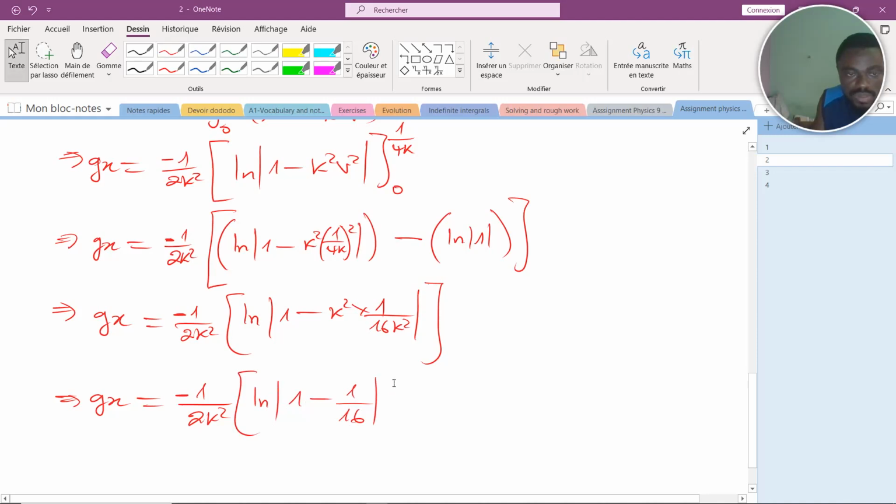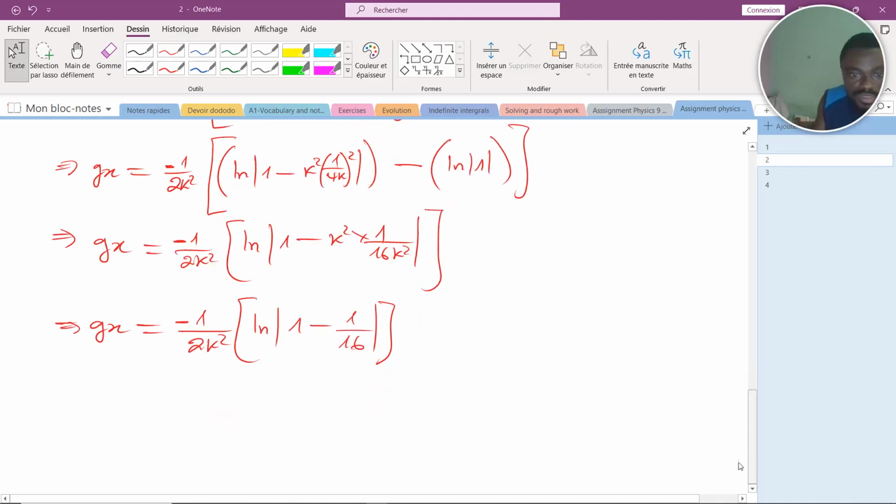From here, this 16 will multiply this. 16 times this is 16 minus 1, and 16 minus 1 is 15. So this implies gx would be equal to minus 1 on 2k squared ln of the absolute value of 15 on 16.